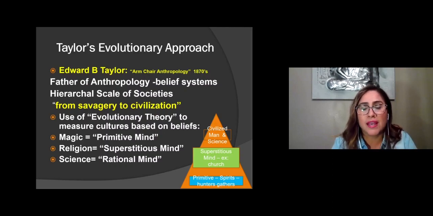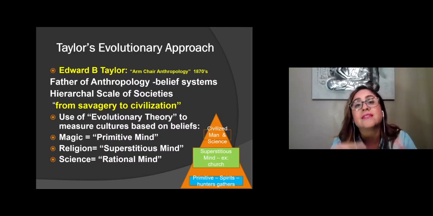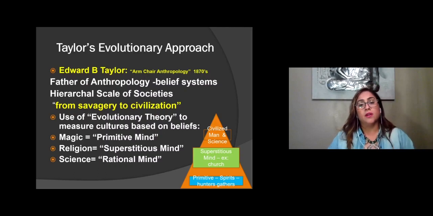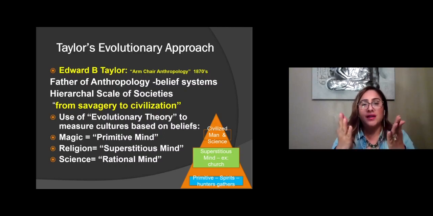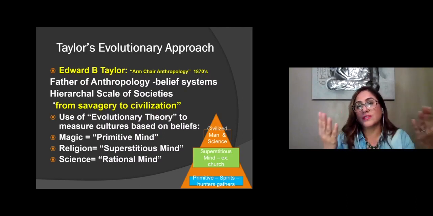This is civilized men. So in this case, he categorized the evolution. He tried to piece together and present, again appropriating Darwin's idea to humans, that we come from the savage, primitive mind to a civilization, to a scientific, rational mind.